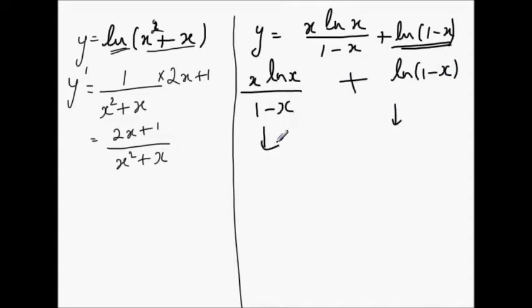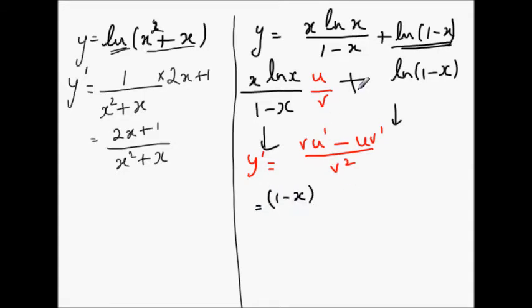X ln of x over 1 minus x. So if I call this u and this v, then by the quotient rule, it is v times the derivative of u minus u times the derivative of v, divided by v square. Okay, which would be v is 1 minus x, and the derivative of u is now something difficult.